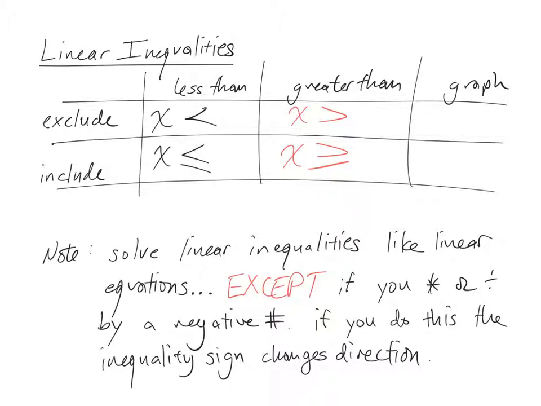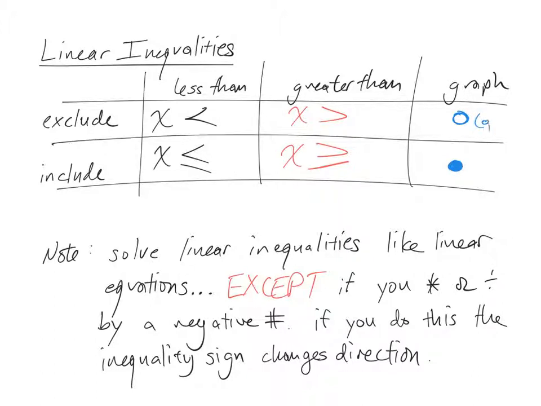That being the case, we also need to know how to graph these inequalities, and we will do so on a number line. So if you have either a less than or a greater than, when we start graphing this, we will use what I will call an open dot. And if you have either sign with an equal to, we will use what I'm going to call a closed dot.